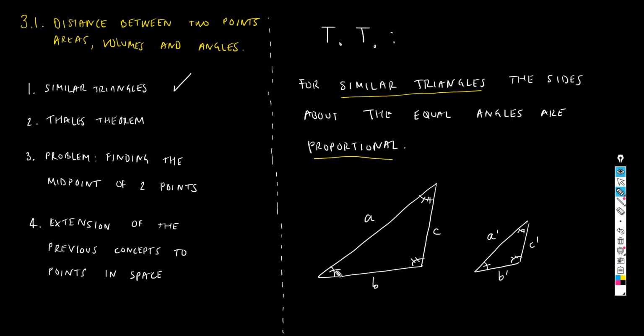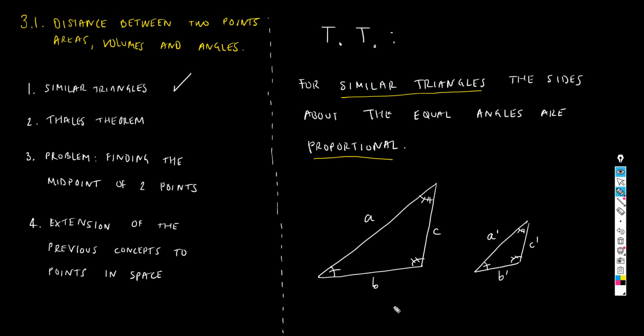For example, consider this angle 1. I can make two proportions with regards to the sides. I can do the following. B is to B prime as A is to A prime. In other words, the ratio between B and B prime is the same as the ratio between A and A prime.